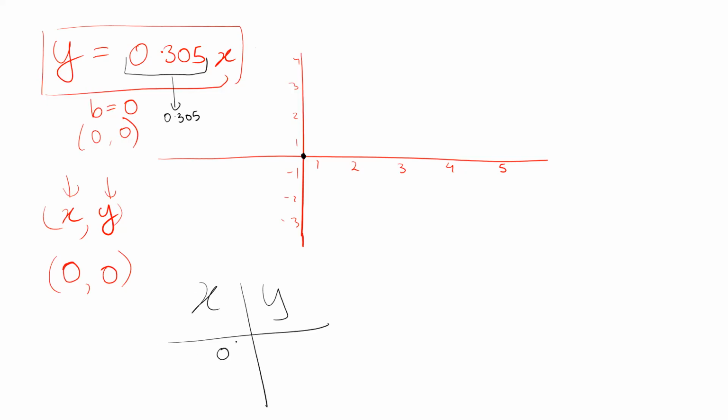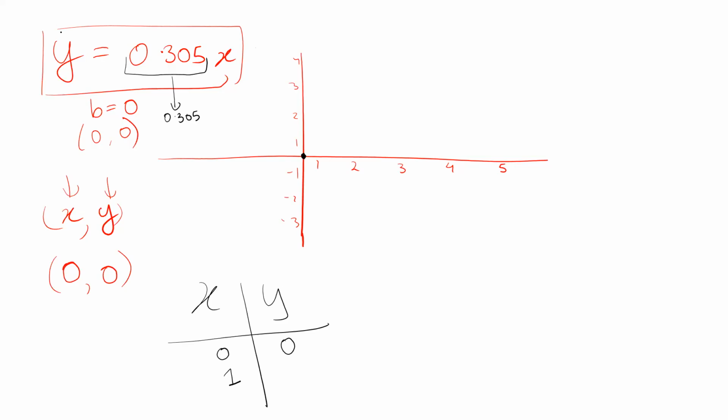We first looked at what happens when x equals 0. We already know y equals 0. So try to figure out what's another easy value for x that you can take to figure out the value of y. What's another very easy one? Exactly. So when x equals 1, what is y? Is it 1?